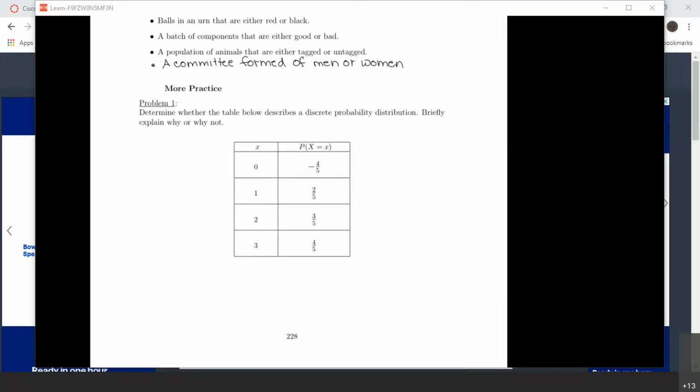Okay, so basically what this is saying is, look at this table and determine whether it describes a discrete probability distribution, why or why not. Okay, so your first answer is yes or no, and then your second answer is a reason. Okay, you can shout them out or type them in the chat. What do you think?